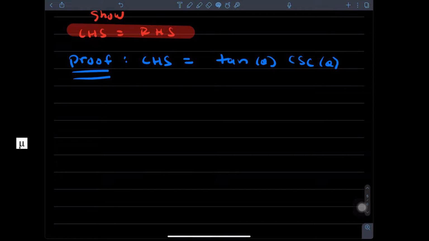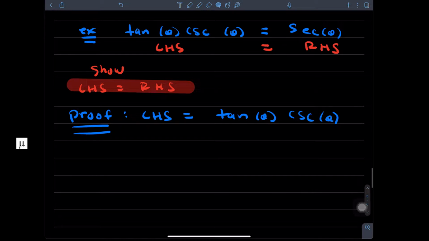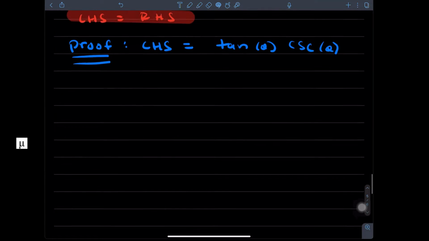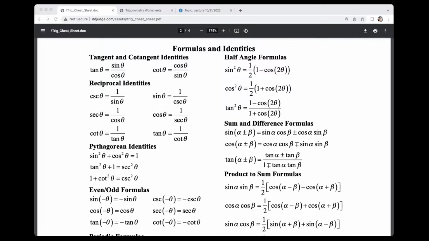Okay, and then you say, well, what's on the right-hand side? You always want to think about that portion. That has to be a secant theta. Wow. I got to use known identities. I got to go back to this sheet, and the good news is you just have the left side so far to look at. That's what you guys have.